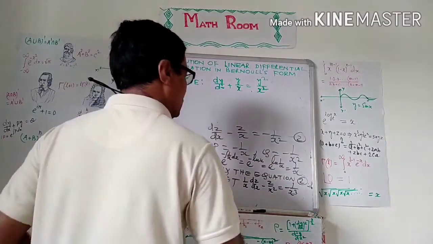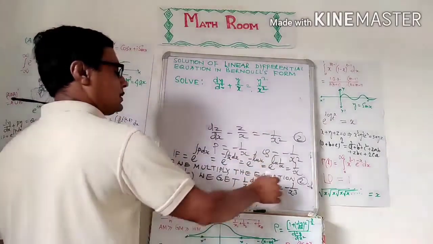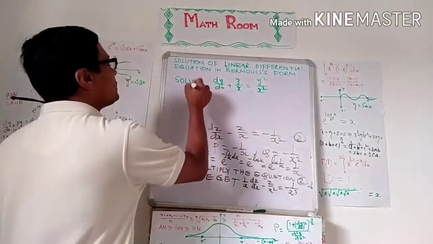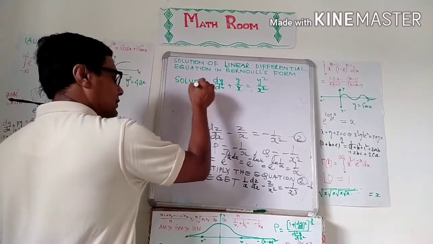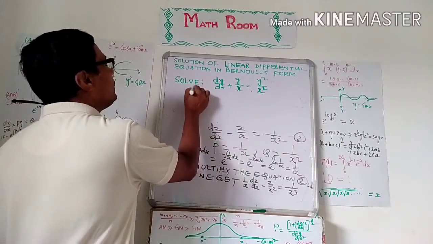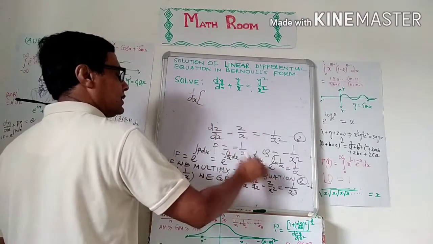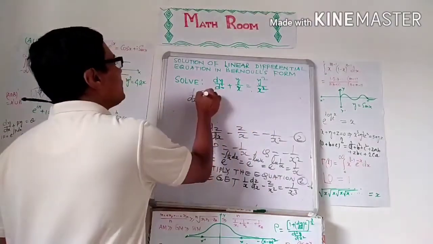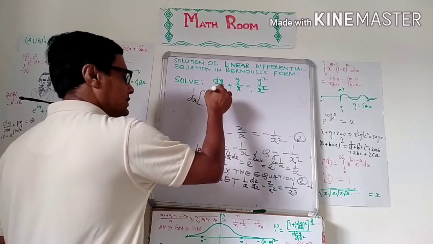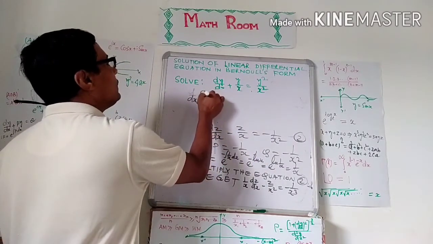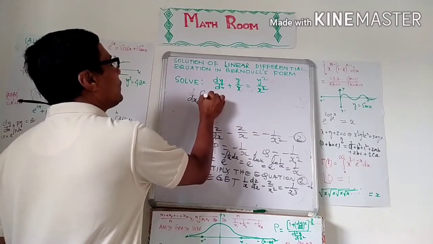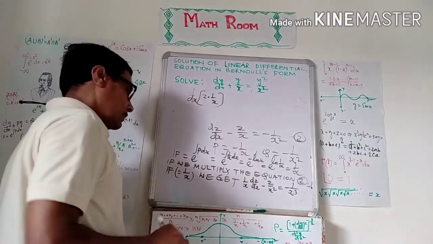So we can also write this equation as d/dx of z into 1 by x.